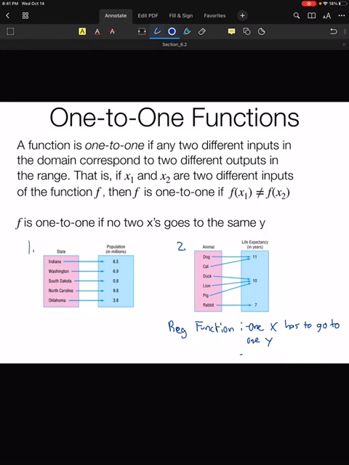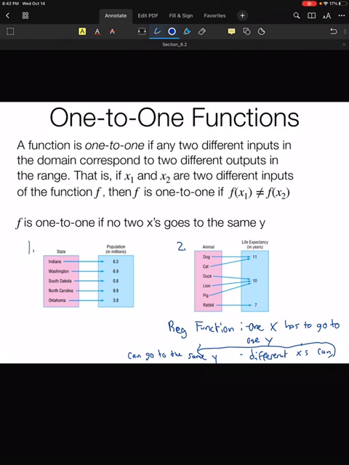And it's also true that different x's can go to the same y.